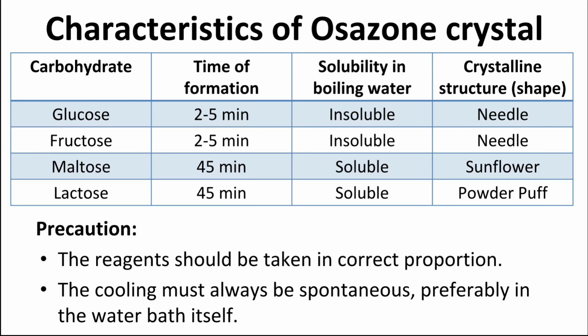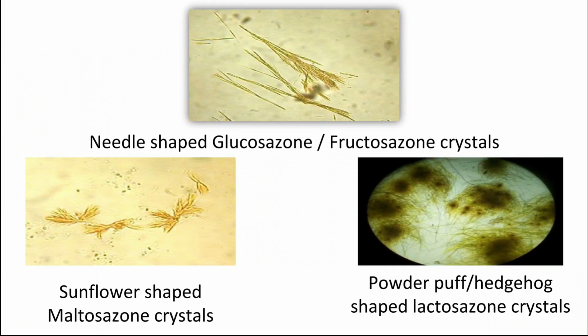Lactose takes almost the same time as maltose, but the structure of the crystals is powder puff. Remember, your reagents should be in proper proportion, and cooling should be spontaneous. You can see in the images the different types of crystals: needle shaped glucosazone or fructosazone crystals, sunflower shaped maltosazone, and powder puff shaped lactosazone crystals.